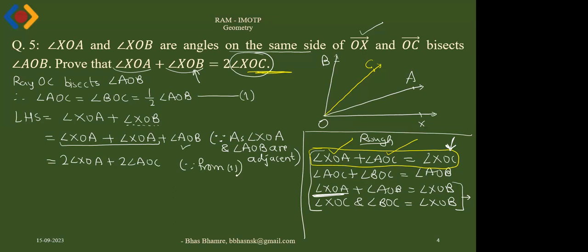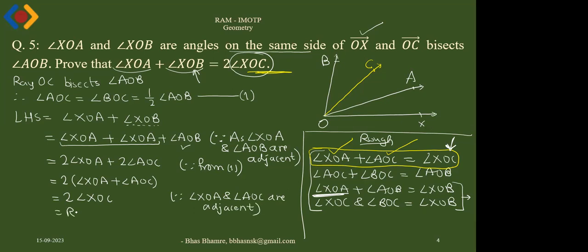Because angle AOB can be stated as twice angle AOC, I can take 2 common to have angle XOA plus angle AOC. Then because of the angle addition axiom again, we have twice angle XOC, since angle XOA and angle AOC are adjacent. Which is our RHS, and it completes the proof.